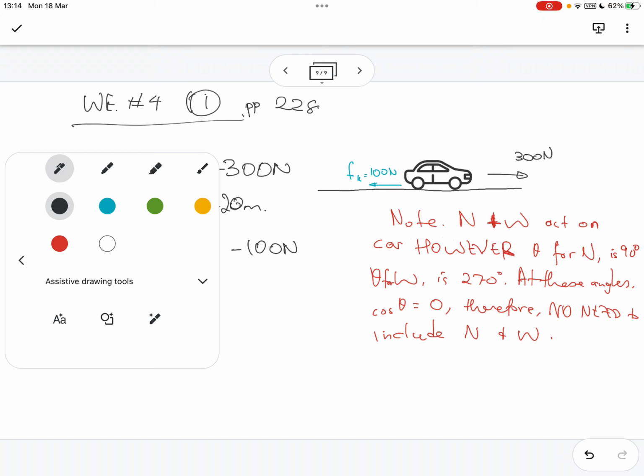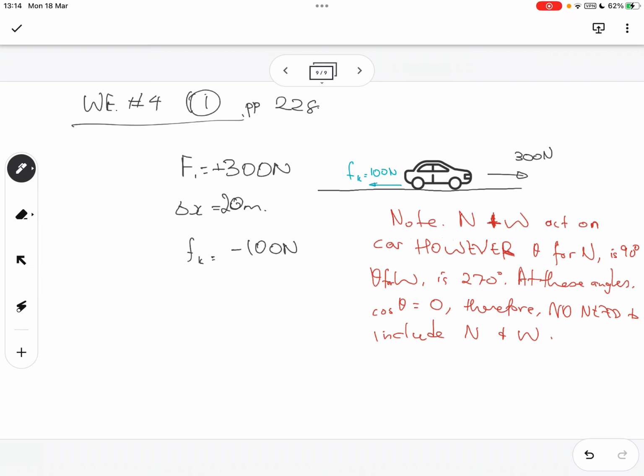Alright, we're just going to finish up with one more minute. So now we can go back to our analysis. Approach 1 is to find the work done by each force acting individually. So you calculate the applied force first, then friction.